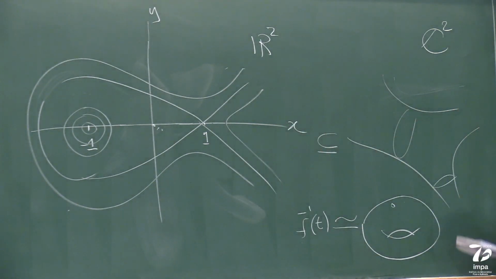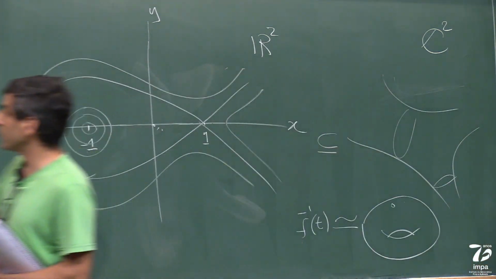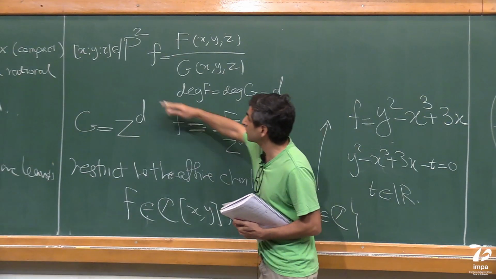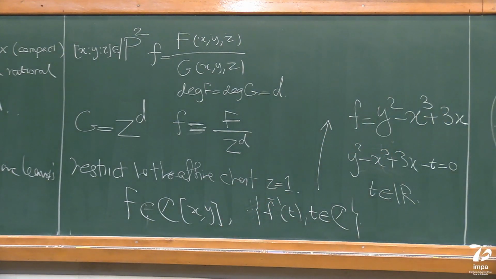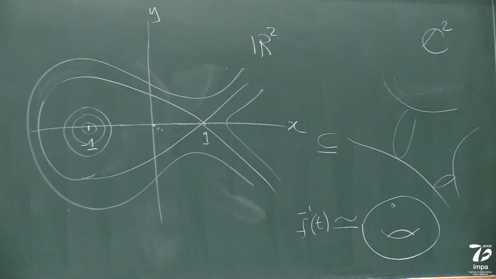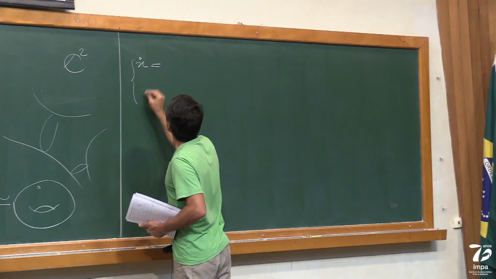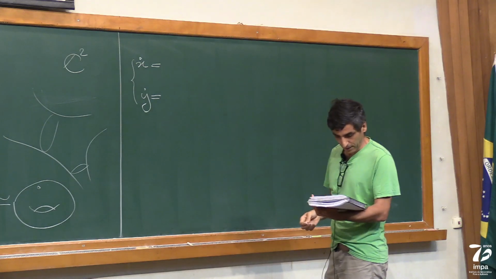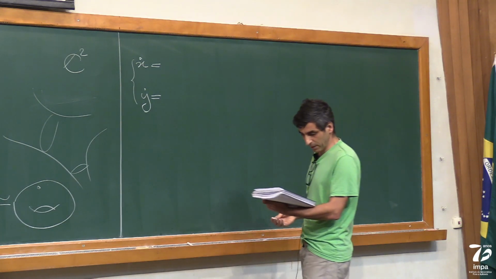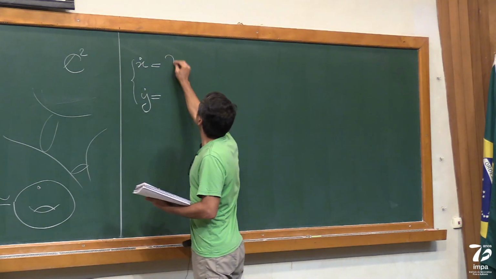In general, what I'm saying is that from now on you forget all this general context. I will just take the polynomial context. So you can write down the corresponding differential equations. In the case of, let's say, this polynomial f would be something like this.